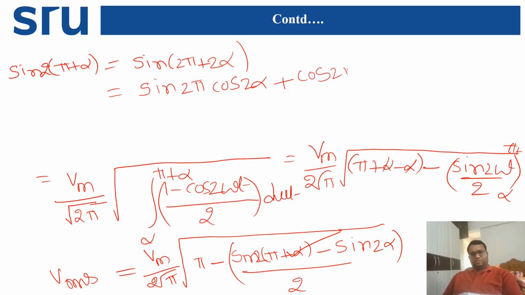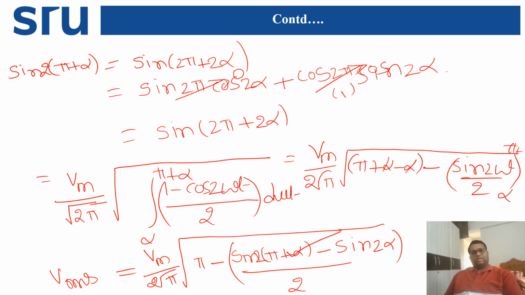Let us take sine 2 pi cos 2 alpha plus cos 2 pi sine 2 alpha. Sine 2 pi means 0. Cos 2 pi is 1. Then sine of 2 pi plus 2 alpha is equal to sine 2 alpha. Now sine 2 alpha is there, right?